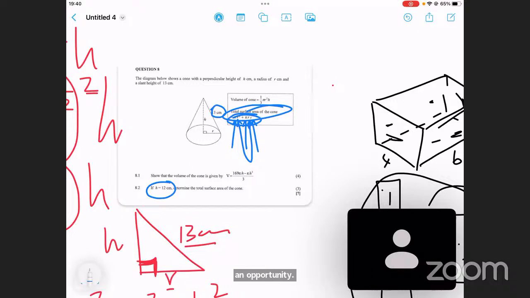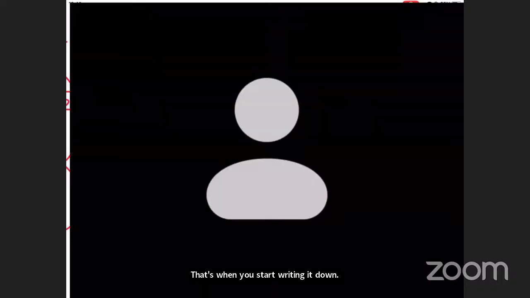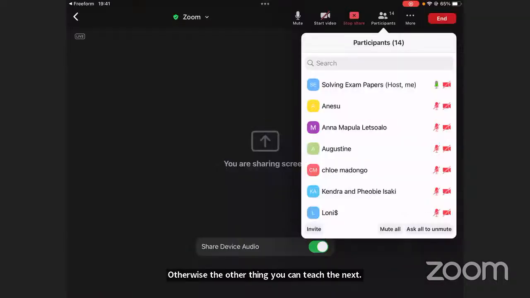So you've got 3 different ways in which you can study. You look at it and ask yourself some questions on how to work it out, only if it is difficult or you are not able to conclude while looking at it. That's when you start writing it down. Otherwise, you can teach the next person. So that's how you study, honorable members.